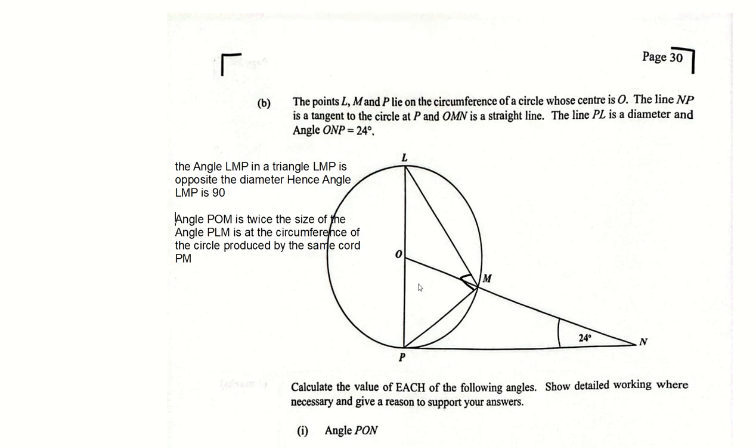So angle POM is twice the size of the angle PLM at the circumference of the circle produced by the same chord.